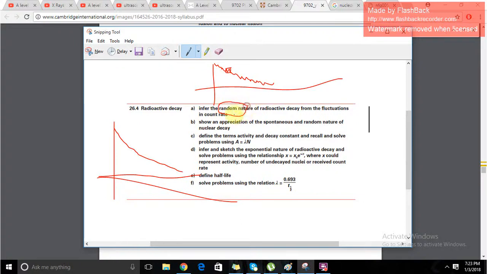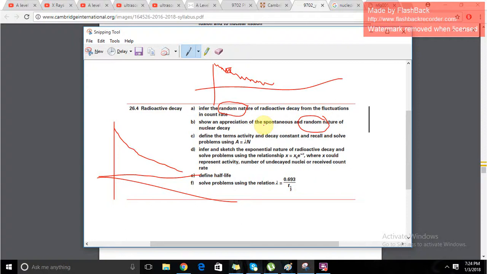Now we have to be able to show an appreciation of the spontaneous and random nature of nuclear decay. Hopefully I already explained in sufficient detail why it is random. Why is it spontaneous? Because the nuclei are doing whatever they want, independent of each other, independent of their neighbors, and independent of any external condition.